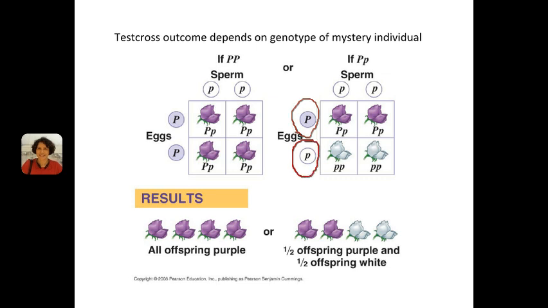And when you cross those to each other, you're going to get the result that half of the offspring are going to have the purple color and the other half are going to have the white color, giving you a ratio of half purple and half white offspring, or a 1-to-1 phenotypic ratio.